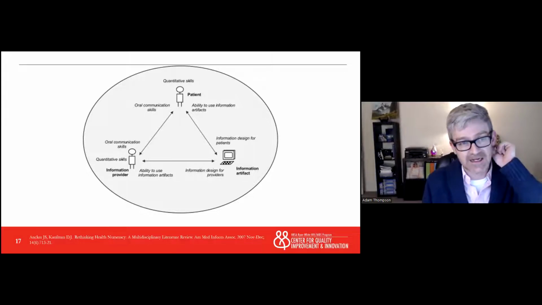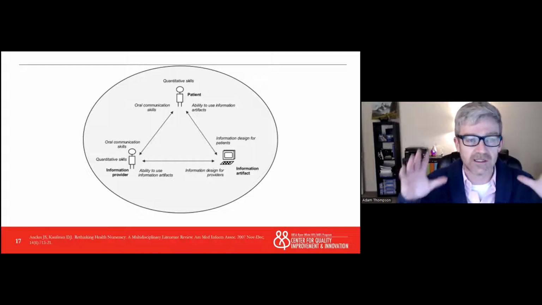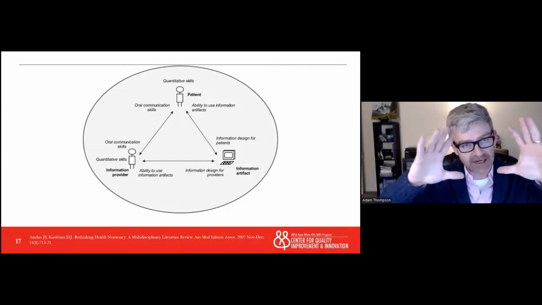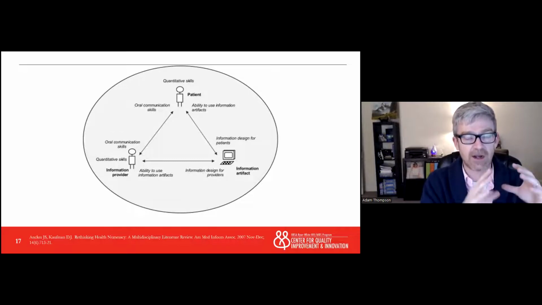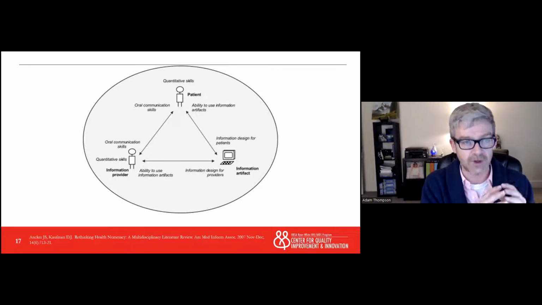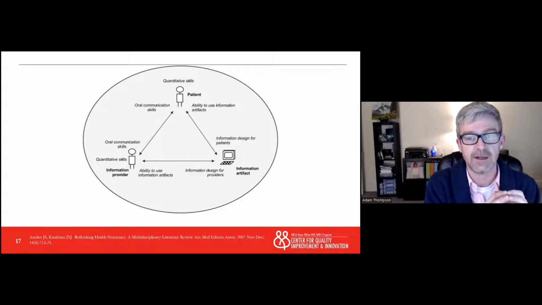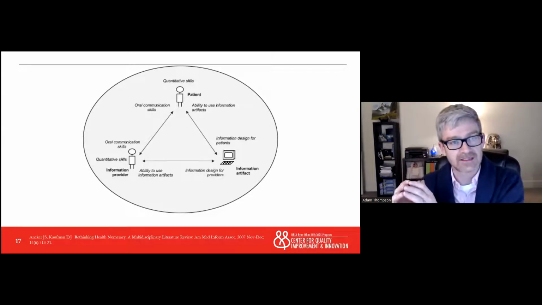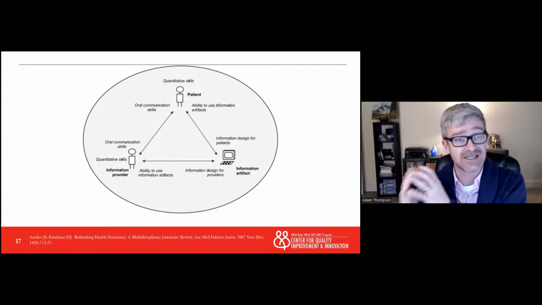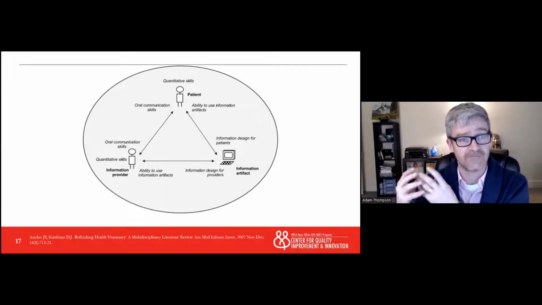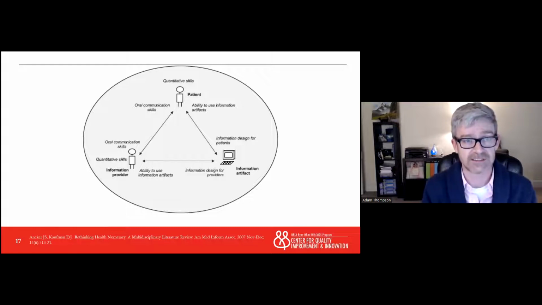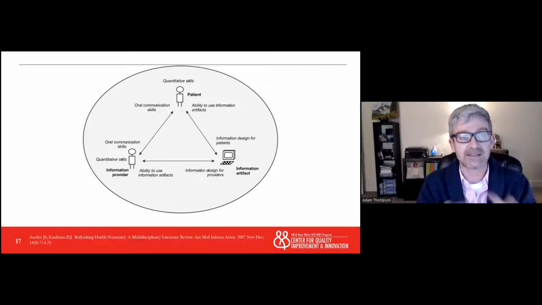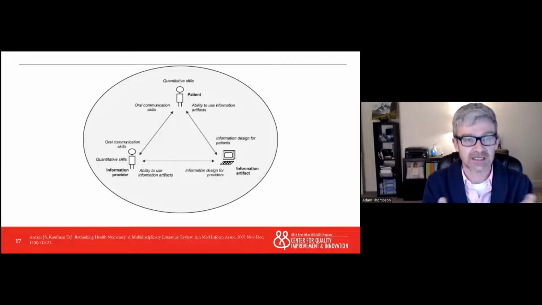This schematic and concept model identifies both the patient and the provider as seats of where you need to think about how health information is communicated, understood, and comprehended. But they also add in this third piece, which is the information itself, right? How the information is designed beyond the person communicating it and the person receiving it, but what is the style and substance of the communication itself.